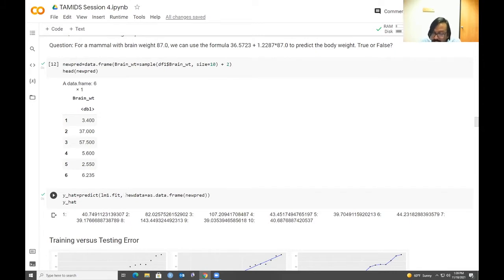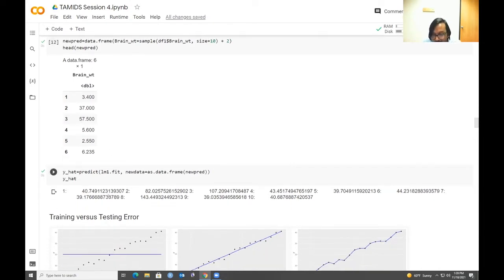The point to remember here is that when you enter the new data, it has to be in the form of a data frame, not in the form of a usual vector. It has to be a data frame with the same variable name for the column. And if you use the predict function, you can check that the predicted values are given here without having to manually perform the calculations.